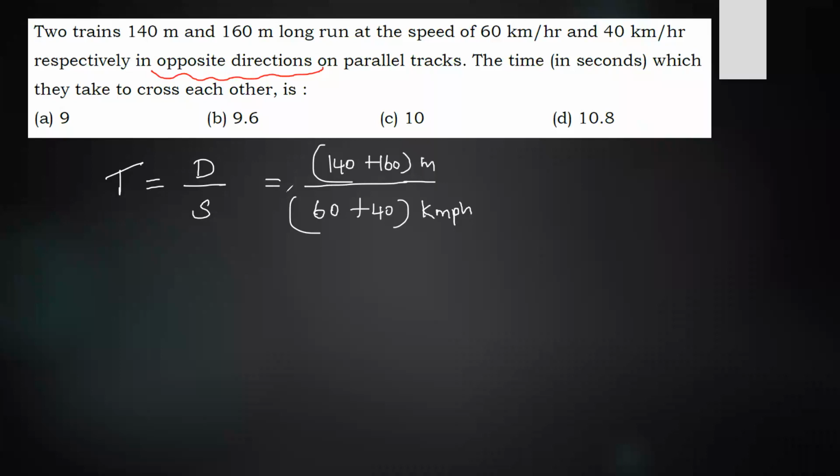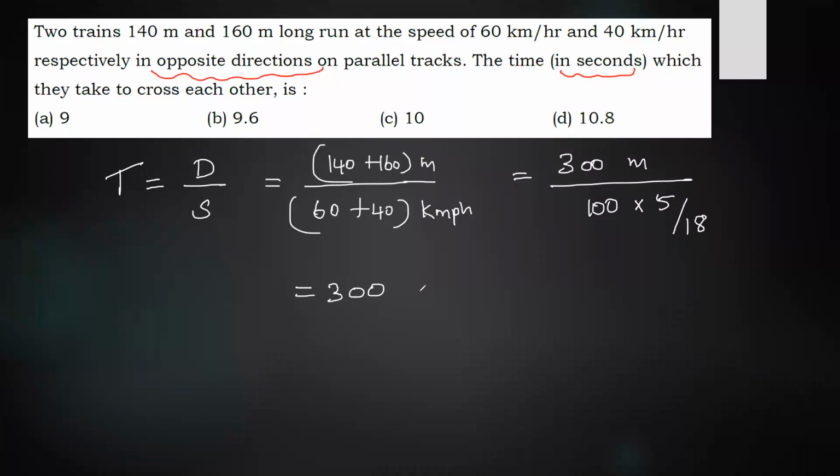Running in opposite direction, so for speed we need to add: 60 plus 40 kilometer per hour. Distance you always need to add, irrespective of the direction. Keep in mind, we should always add.